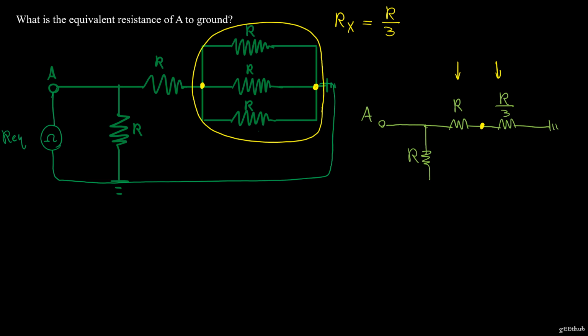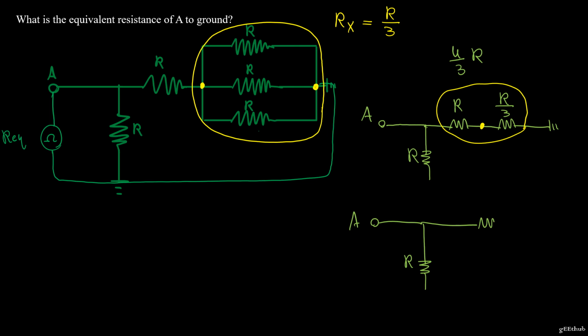Then I'll take these two and add them because they're in series, and I'll get 4/3 R. So then my circuit is going to look something like this. I have R and an equivalent resistance of 4/3 R.